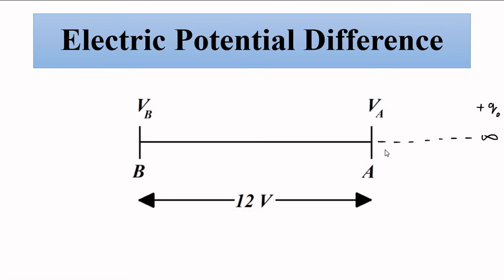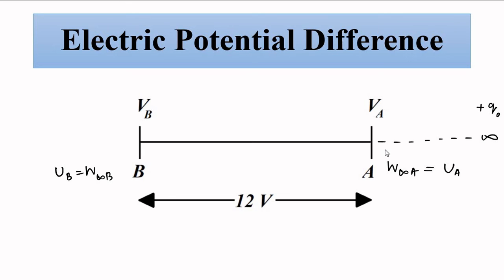So this test charge, which was originally located at Q0, the work which had to be done to bring it from this infinite point to this point A, let's say that is W phi A, and then when it has to be moved to this other point, it is W phi B. We can also write these as UA and UB.